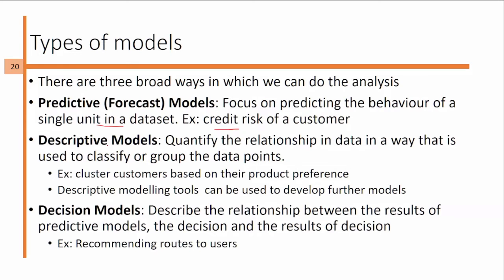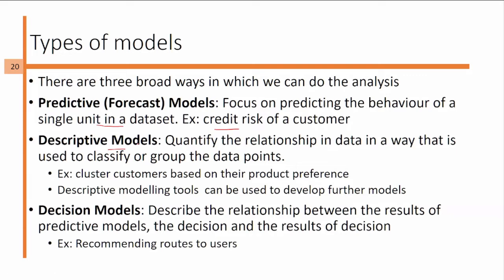The other one is descriptive models. Here we look into the data as a whole. For example, you look at the sales figures in the last 3 quarters, and you try to predict what will be the sales for the next quarter, and accordingly you stock up.